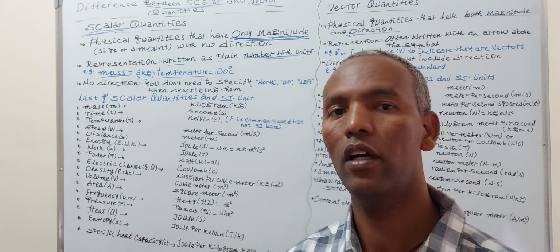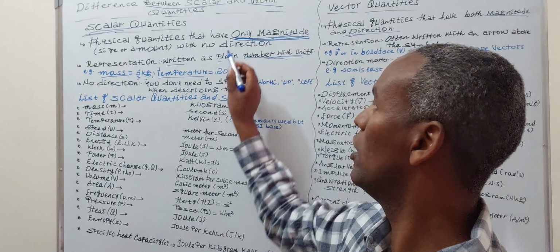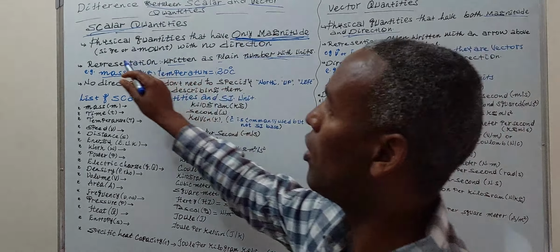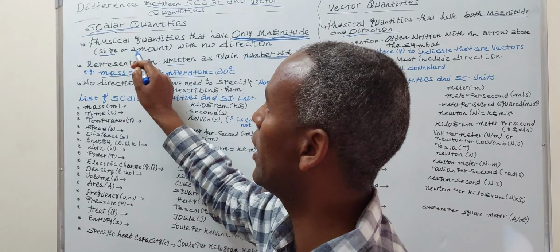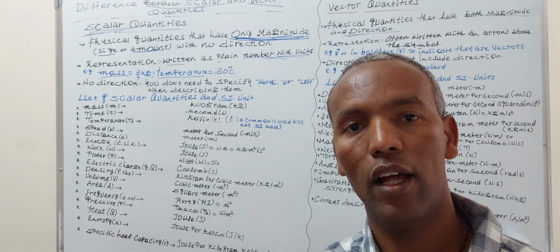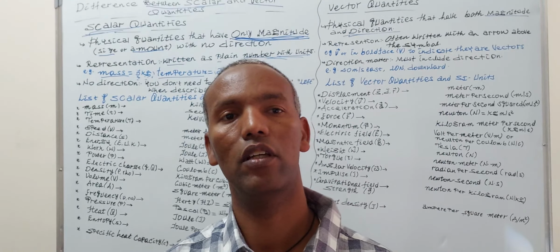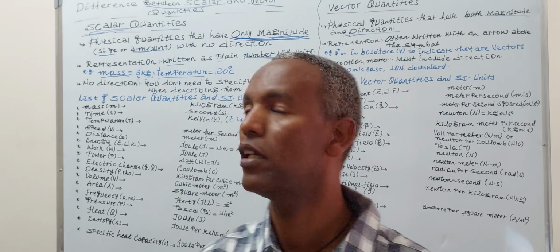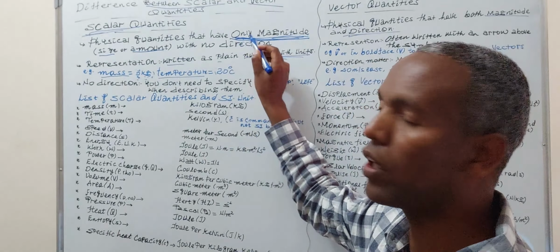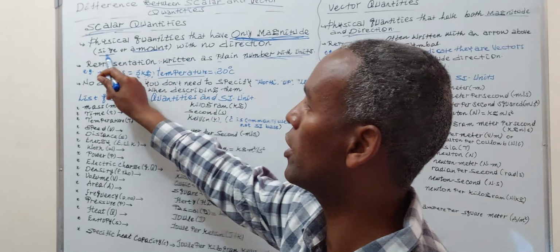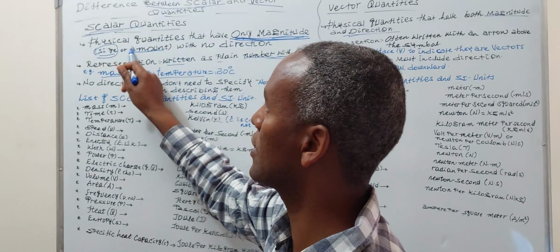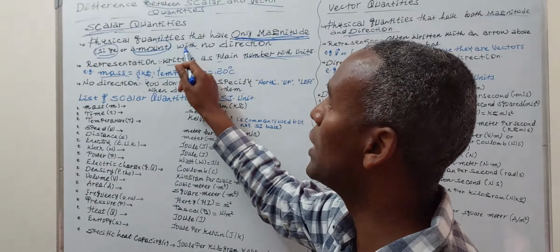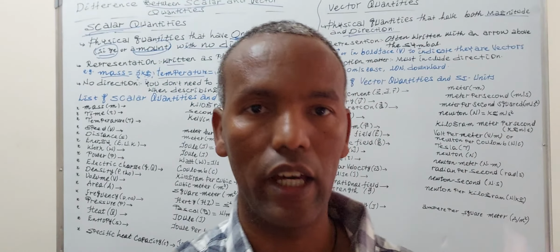We can express a scalar quantity using only magnitude, or only size and amount. Like I said, a scalar physical quantity can be fully expressed using only magnitude, or by using size or amount without any direction.